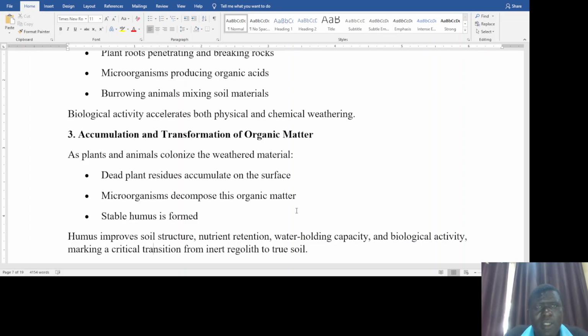And this one is very key in the formation of true soil, which actually supports healthy growth of plants.